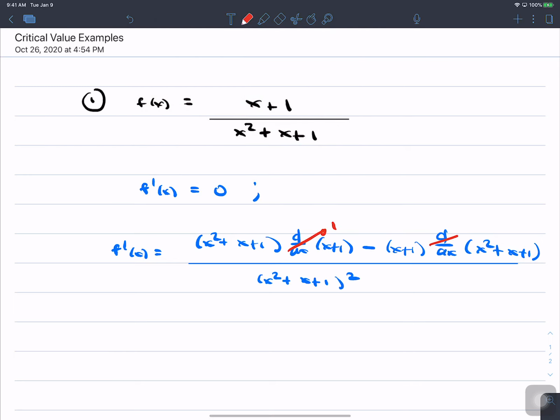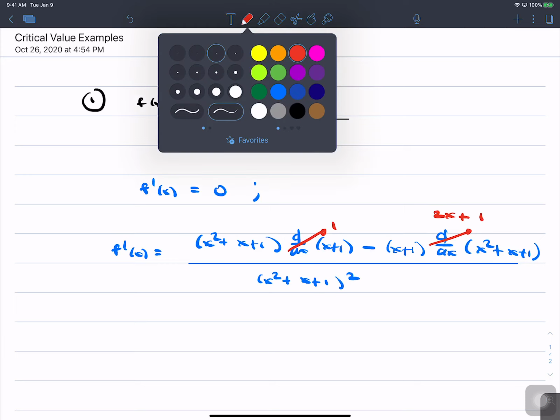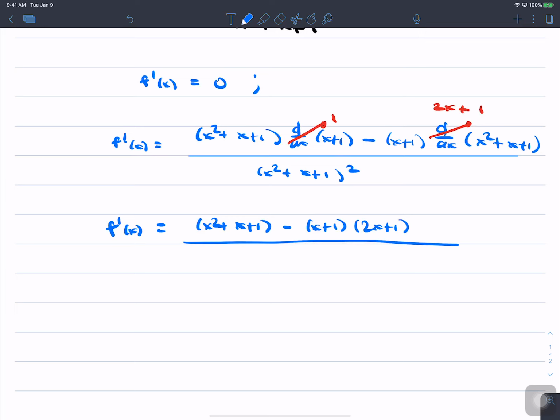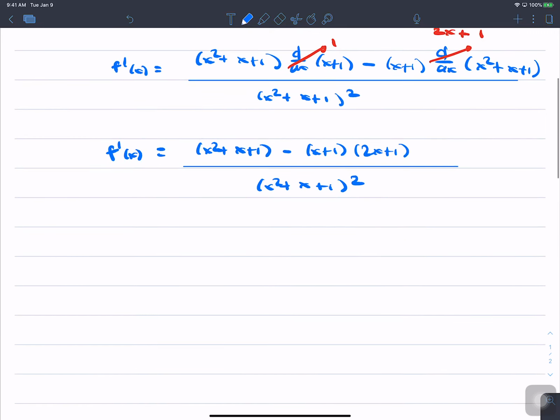This derivative is 1, and here we get 2x plus 1. F prime x will be x squared plus x plus 1 minus x plus 1 times 2x plus 1, everything over x squared plus x plus 1 squared.